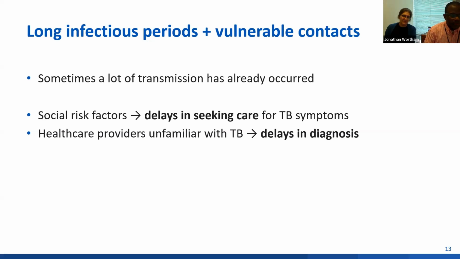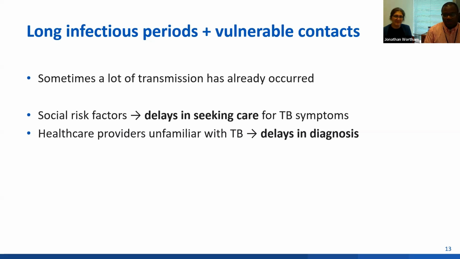Another thing is healthcare providers unfamiliar with TB. As TB incidence has declined in this country, many healthcare providers have not seen or taken care of a patient with TB. Because TB has a lot of different symptoms that are pretty nonspecific and overlap with a lot of other clinical entities, such as community-acquired pneumonia, there can be delays in diagnosis.